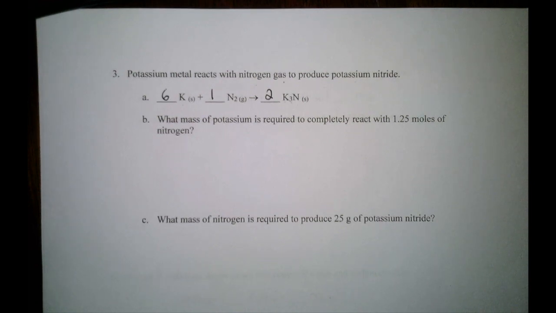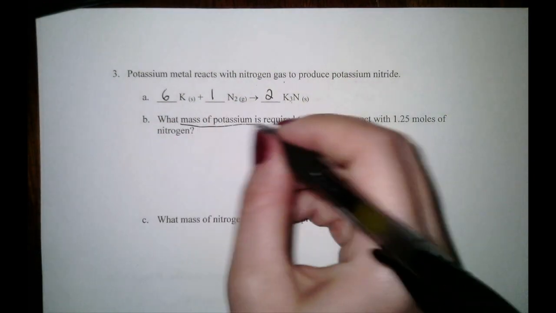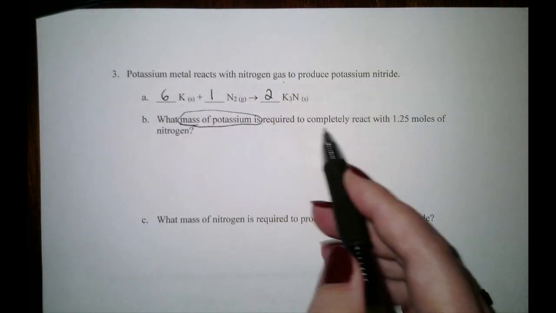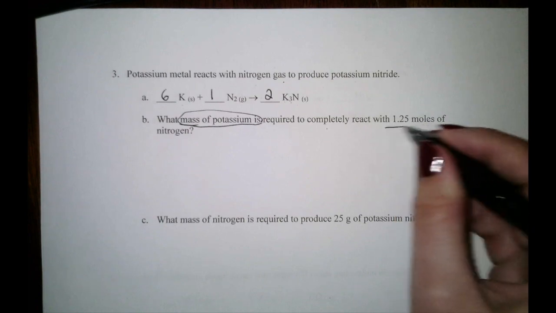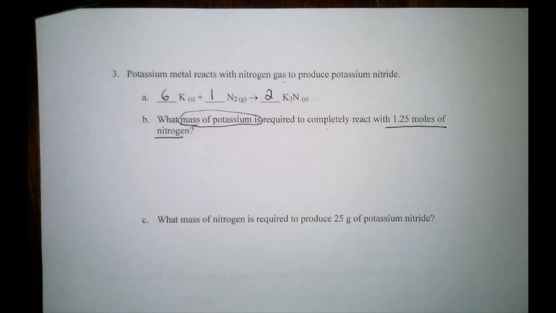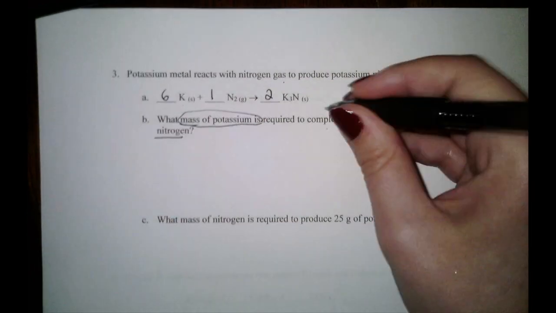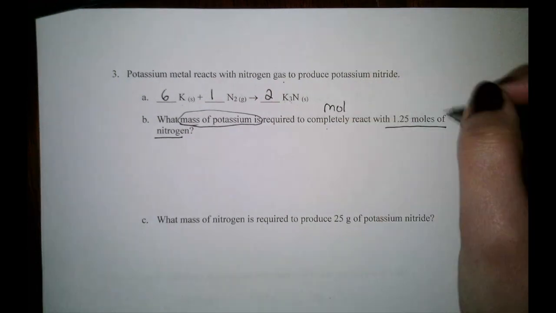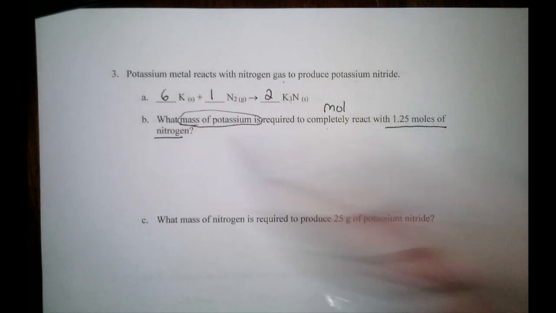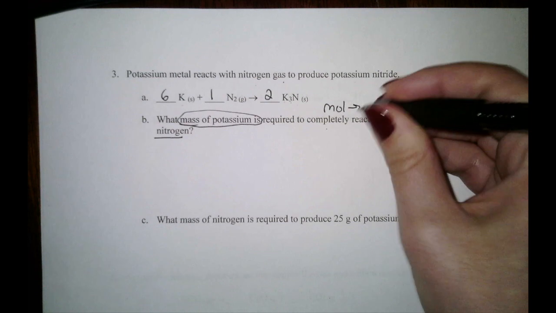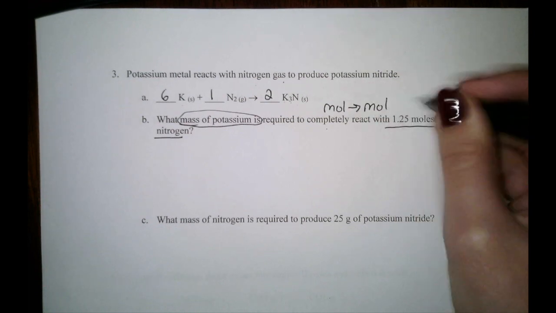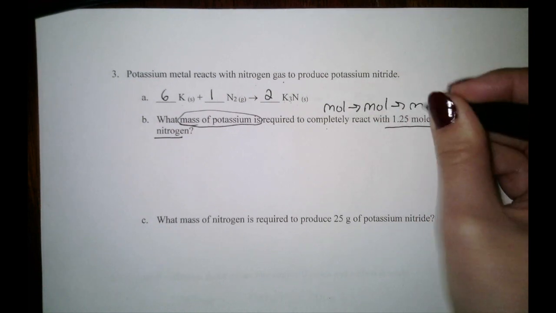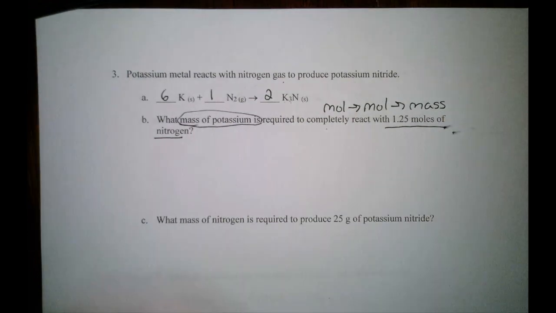Next, we're going to look at our equation. What mass of potassium is required to completely react with 1.25 moles of nitrogen? So remember, we're starting with moles of one substance, and we want mass of another. So we're going to have to go from moles of one substance to moles of another, and then convert back to mass.